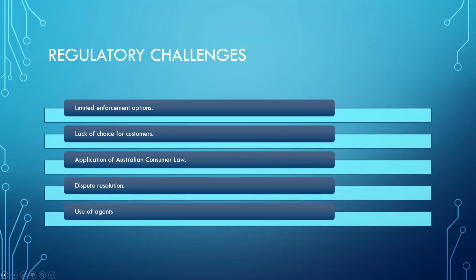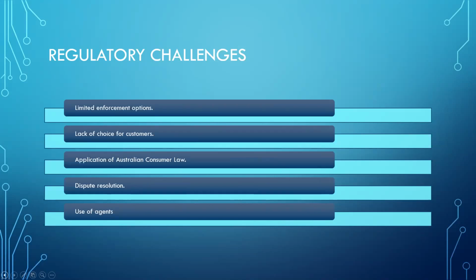So there are a number of regulatory challenges within embedded networks for the regulator. You can see on the screen that we've listed the major ones: limited enforcement options, lack of choice for customers, application of the Australian Consumer Law, dispute resolution, and the use of agents.